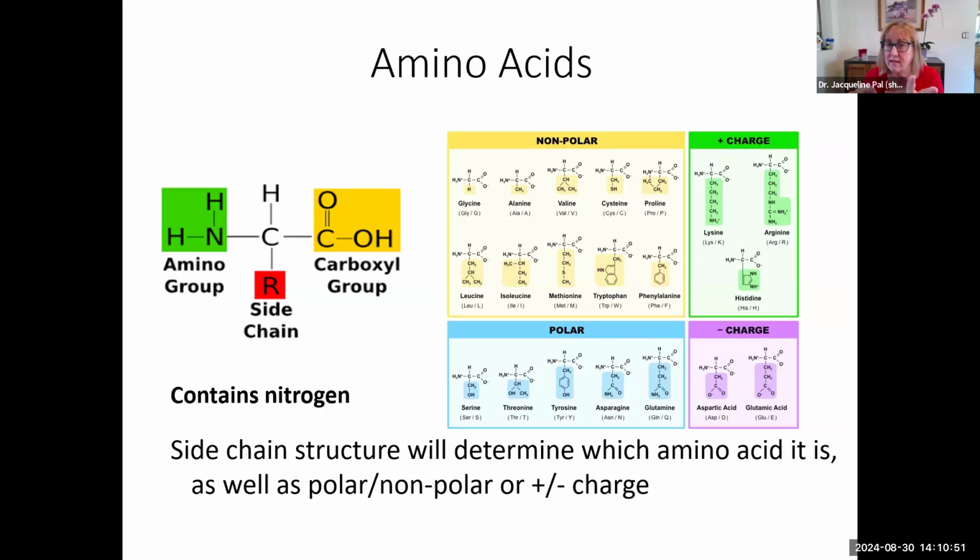You don't have to memorize that. We have 3 that have positive charge and 2 that have a negative charge, which basically means that there are going to be 10 that like water and 10 that do not like water at first glance. And these 20 amino acids are the exact same 20 amino acids in every single life form, whether you're a cockroach or a human, doesn't matter.